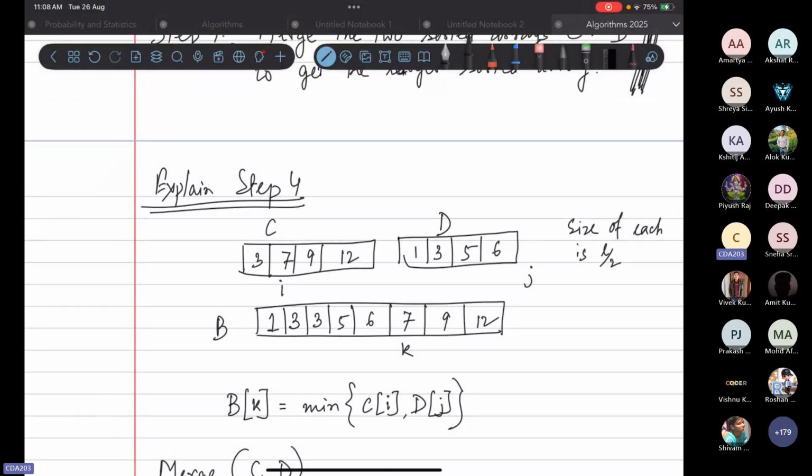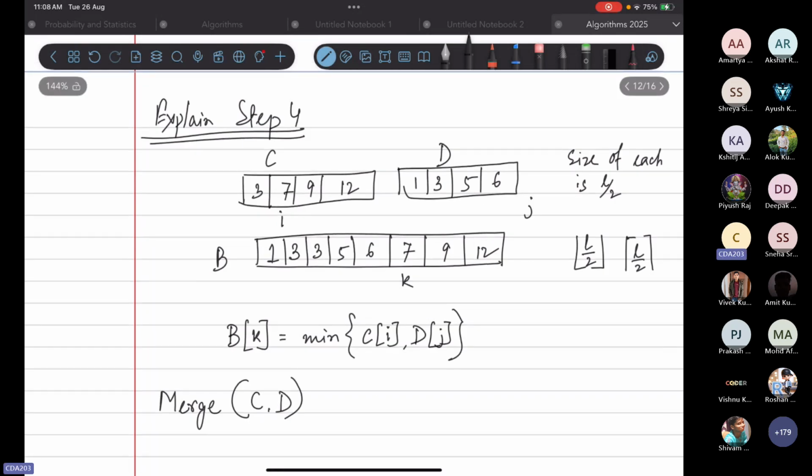It will be something like this. Do you know what I mean by these notations?